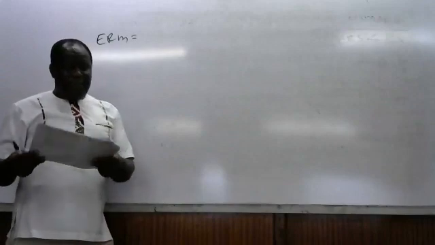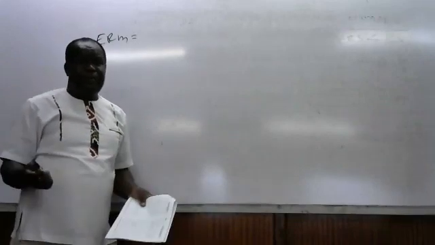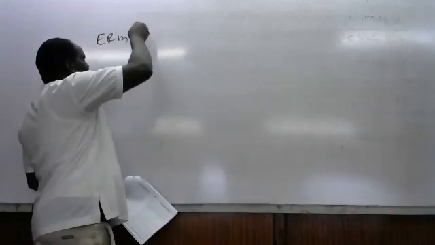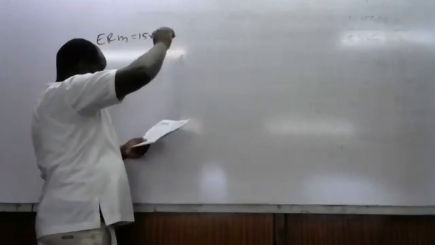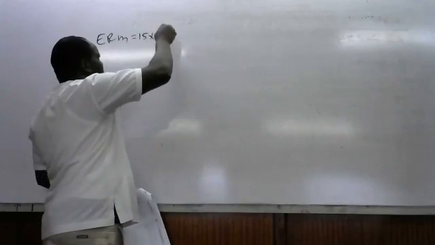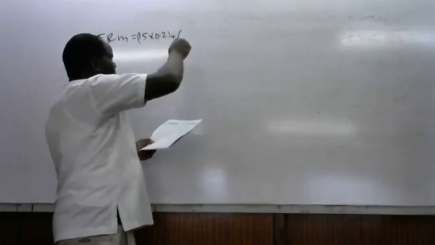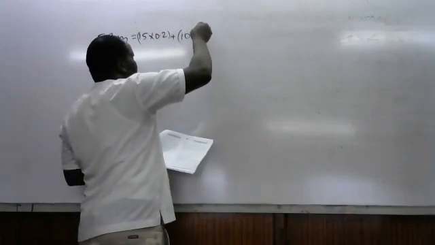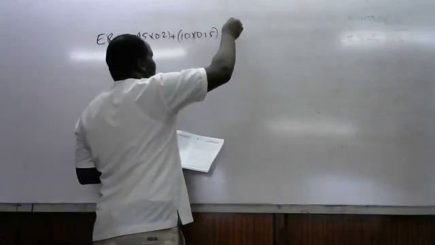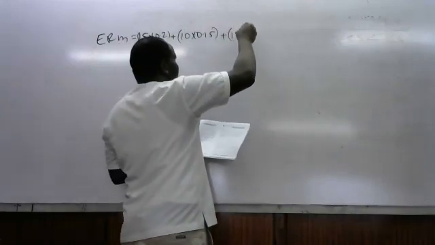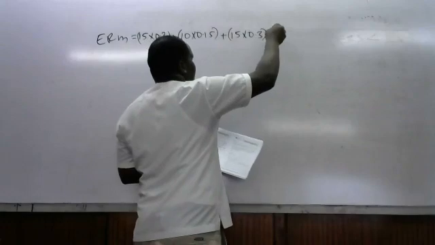So you take each return multiplied by the probability. Like the first one, they gave you 15, so 15 multiplied by 0.2. The second one, you are given 10 multiplied by 0.15. The next one, 15 multiplied by 0.3.